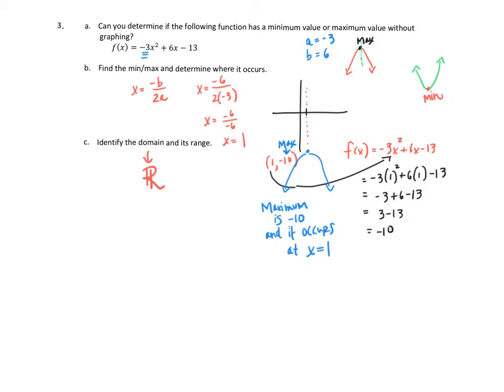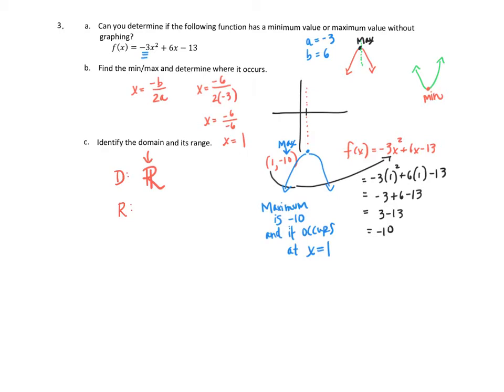Okay, and then the last thing that we need to look at is the range. So here I have a sketch of my parabola. So I'm going to just write domain here, and then ask yourself on the range, what's your smallest y value?